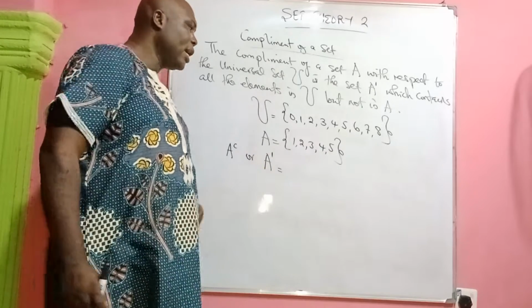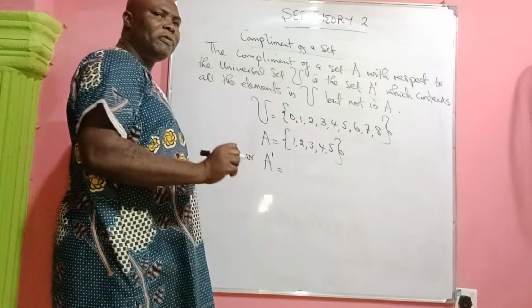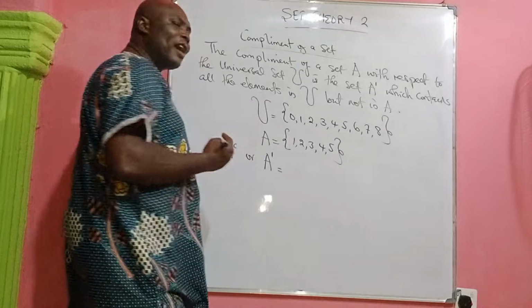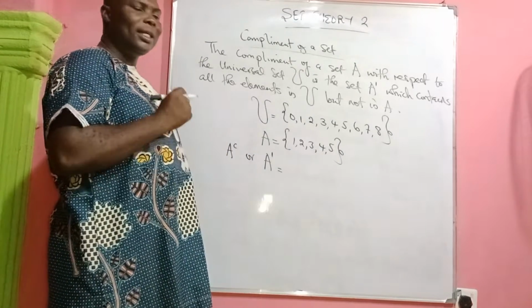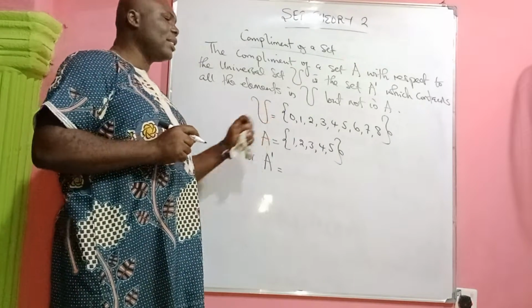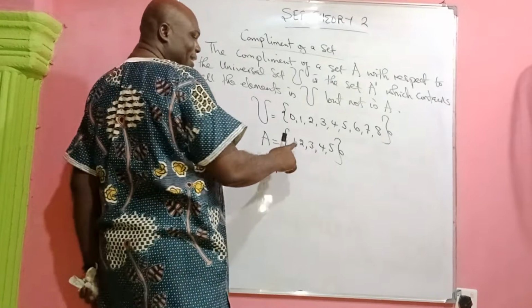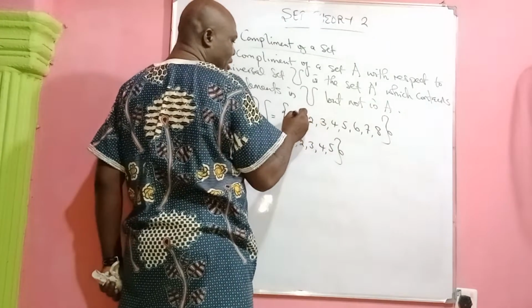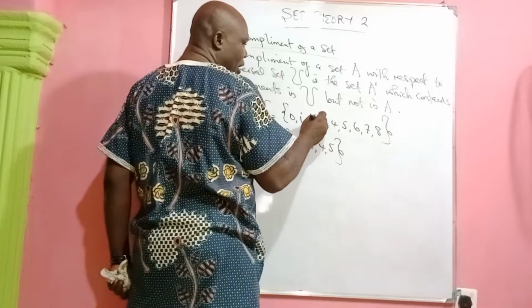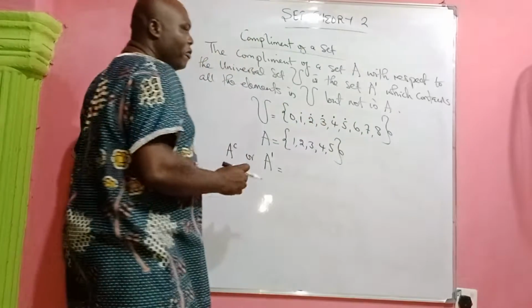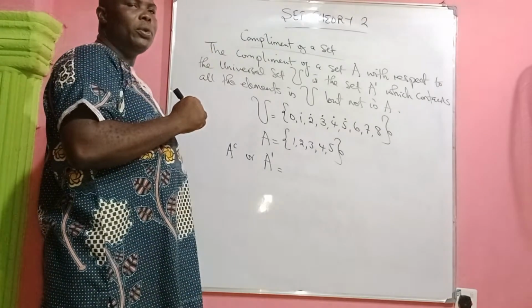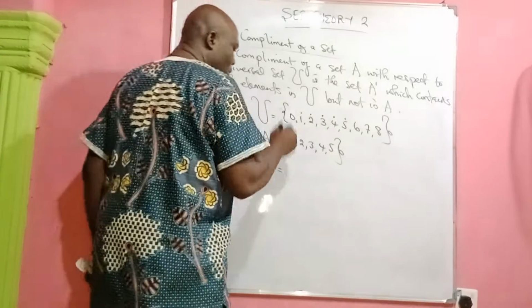It means you're looking for the set of elements that are in the universal set, but you cannot find them in set A. If I delete 1, 2, 3, 4, 5 from the universal set, the leftover elements in the universal set are what we call the complement of A. And that will be what?